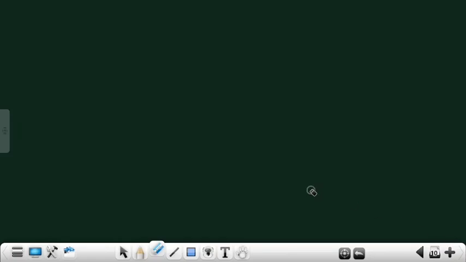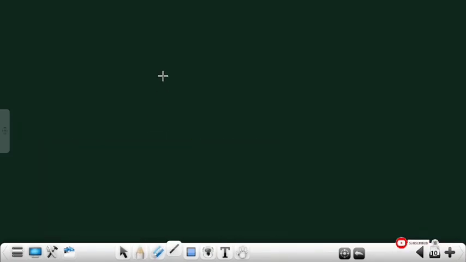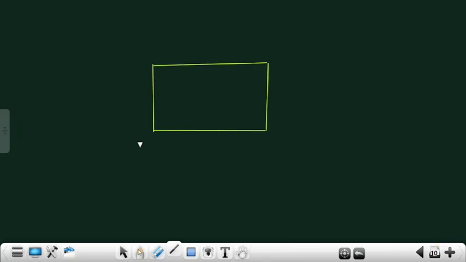In the next class I can clearly show what the diagonal scale represents. These are the diagonal parts and I have to divide it into some equal parts.